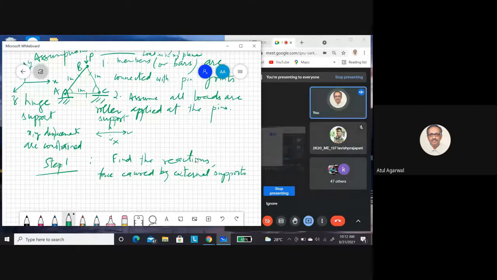But this angle can slightly change. It is not a welded joint. Basically, that means there cannot be any restraining movement applied by bar AB on bar BC. Only force components in x and y directions are allowed.